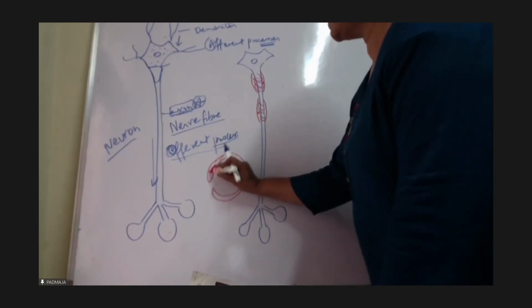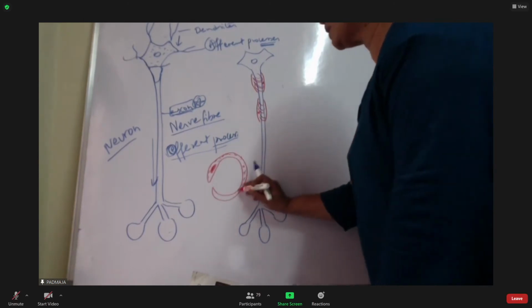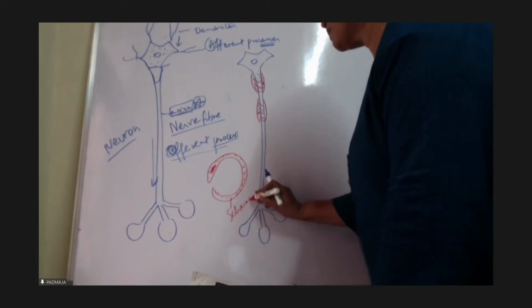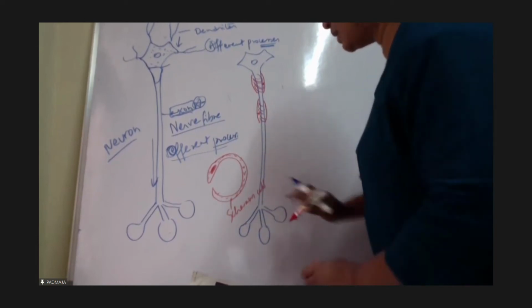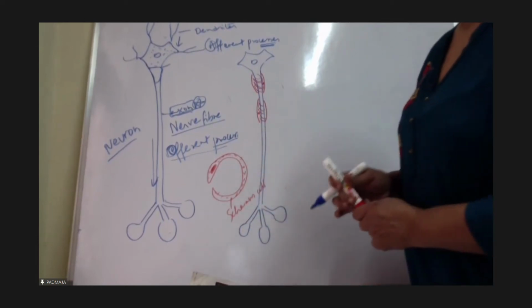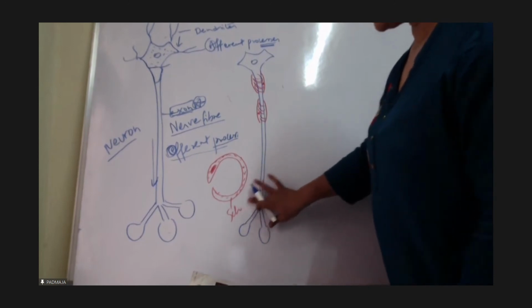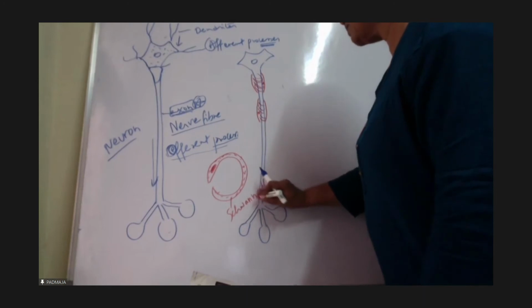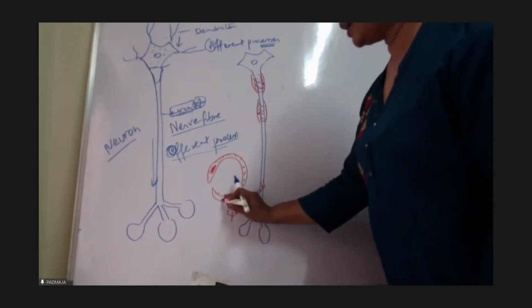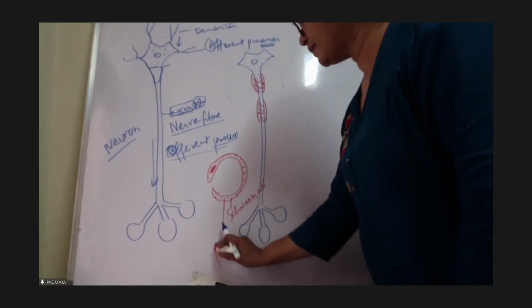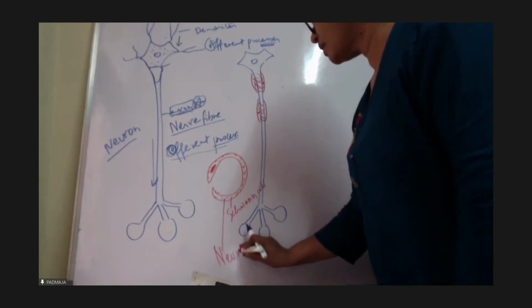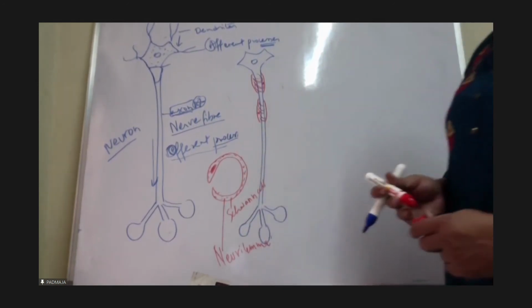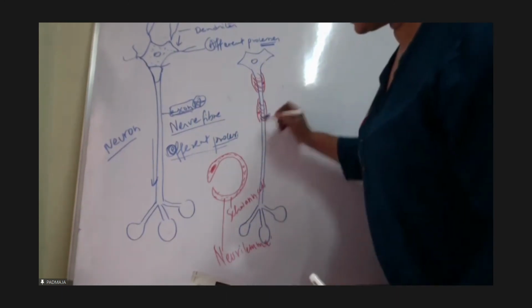The outer layer of this Schwann cell is the neurolemma, and inside it is the myelin sheath.